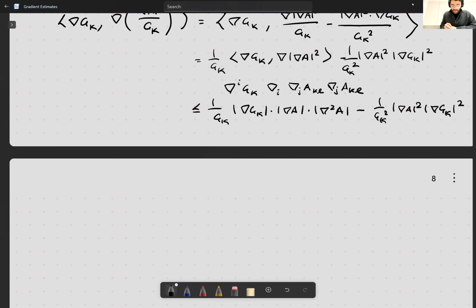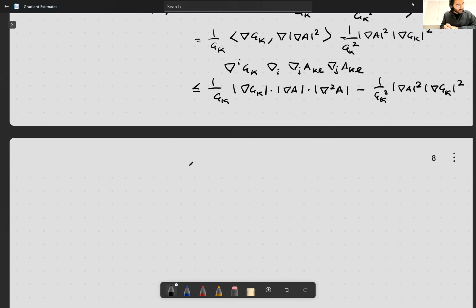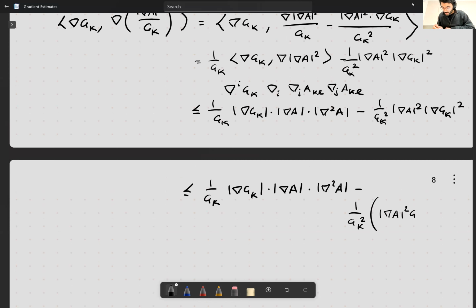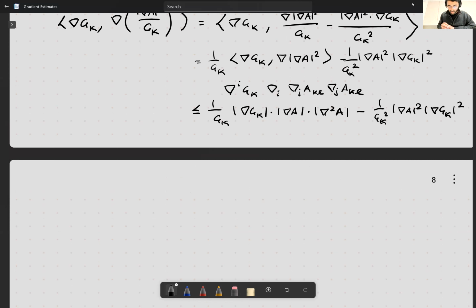Now what I've done in my notes, I've used Young's inequality here. So I get 1 on GK, nabla GK times nabla A, nabla squared A, minus 1 on GK squared, nabla A squared times GK. Oh, sorry, no, I'm doing the Young's inequality on the wrong thing.